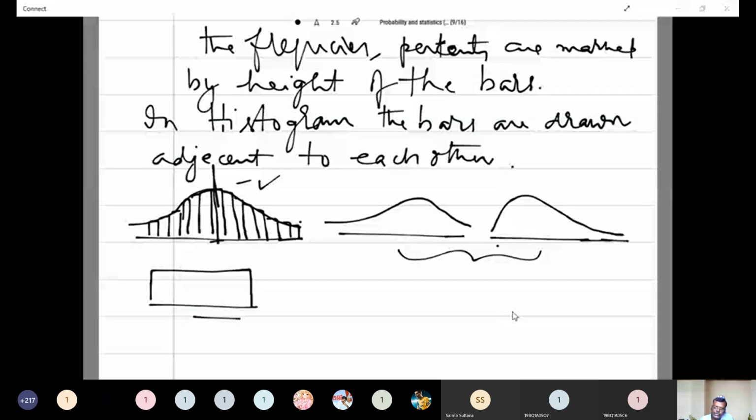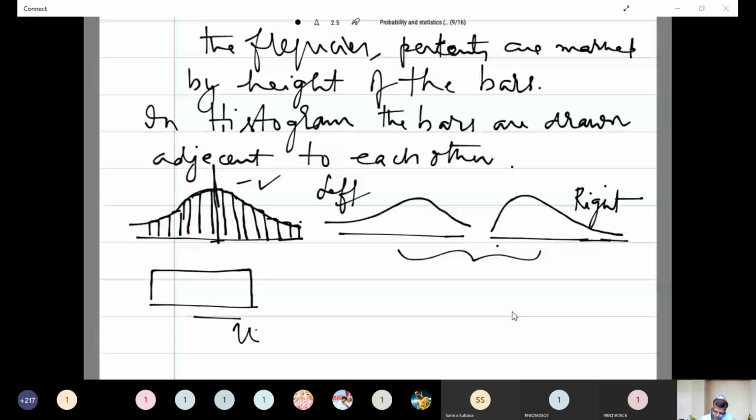This one is skewed to left. This one is skewed to right. And this one is uniform or rectangle. These are the different ways of histograms that you draw for different types of data on continuous frequency distribution.